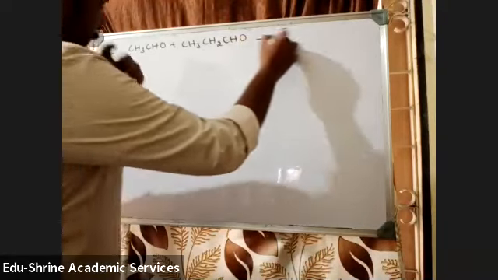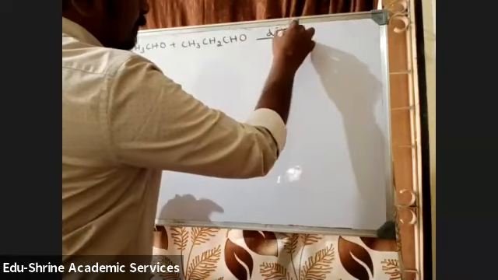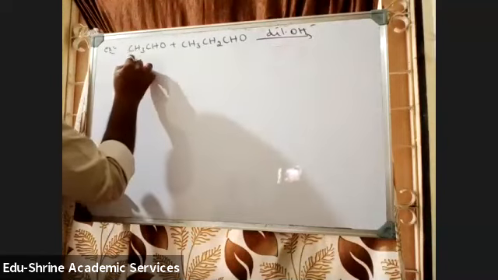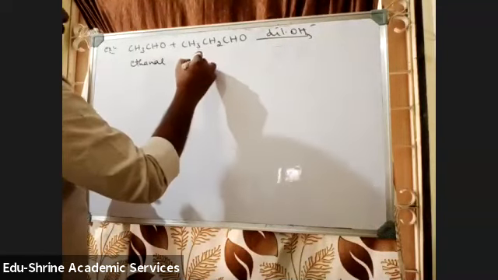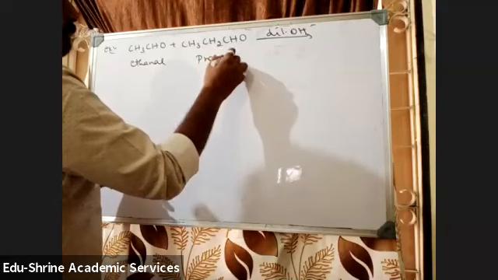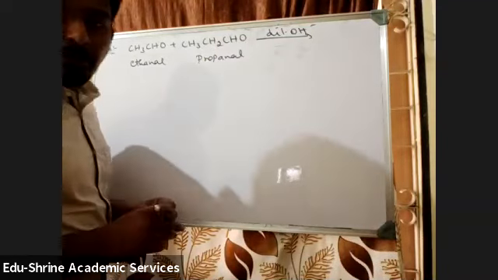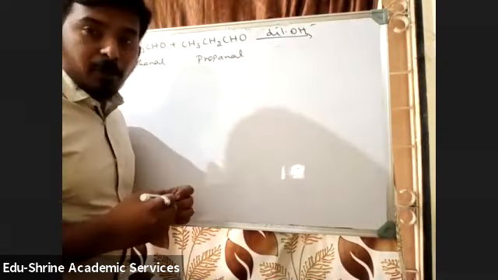Okay, friends. So this in the presence of dilute alkali. This is ethanal and this is propanal. How are we going to get four products here?